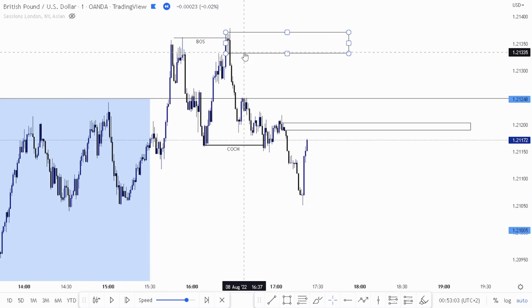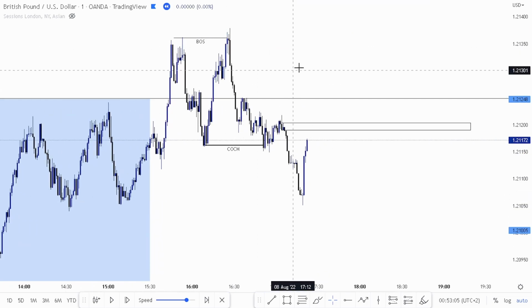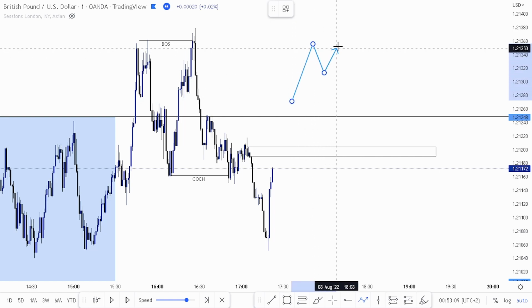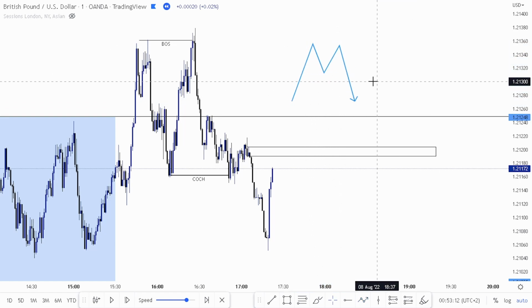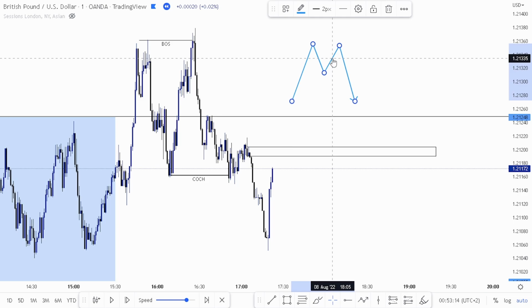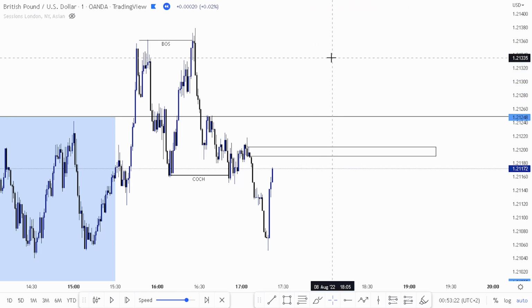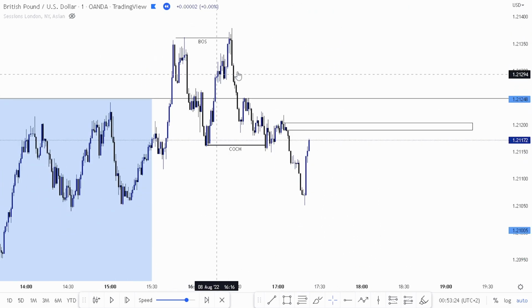Now why didn't I want to mark this level, guys? It's simply understanding that this is what they call the M pattern. So this is a reversal pattern. Now as much as I don't trade retail concepts, I do understand that this is a very strong confirmation of price reversal. So this was a double top.